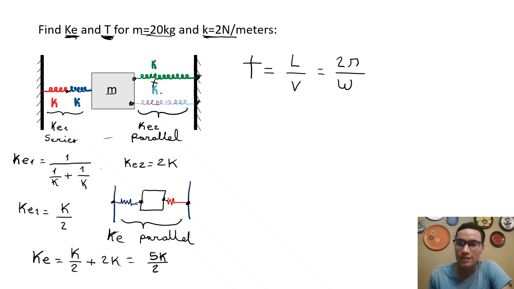And what is the angular frequency? That's what depends on K and the mass, because the angular frequency is just the square root of K divided by the mass. In this case, the K equivalent divided by the mass.